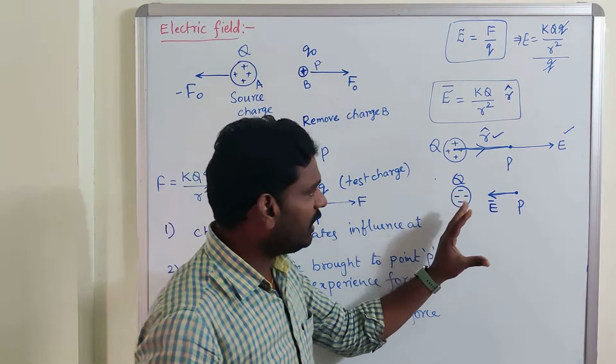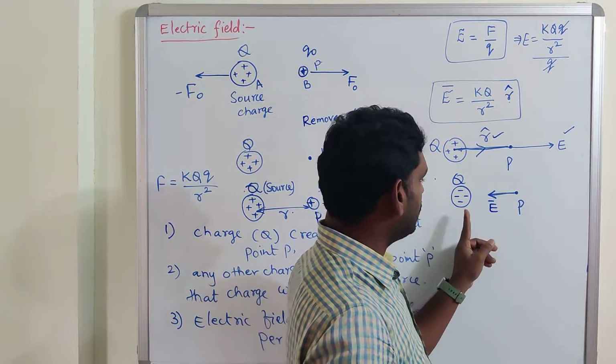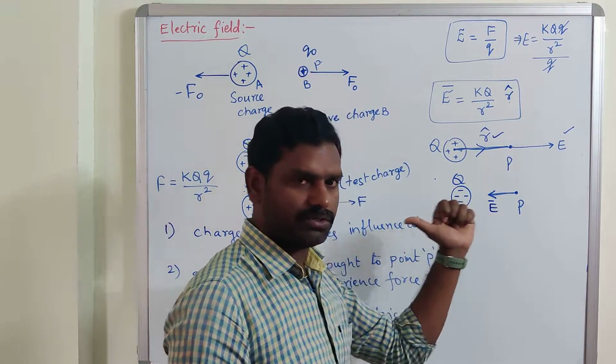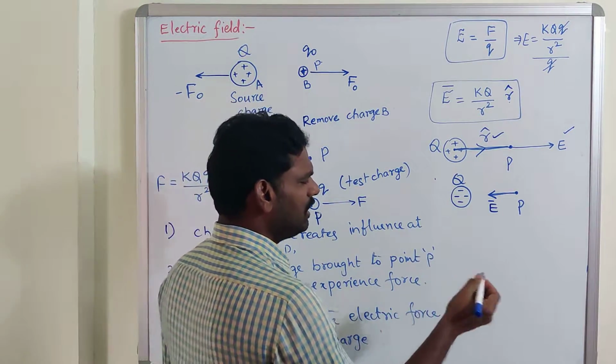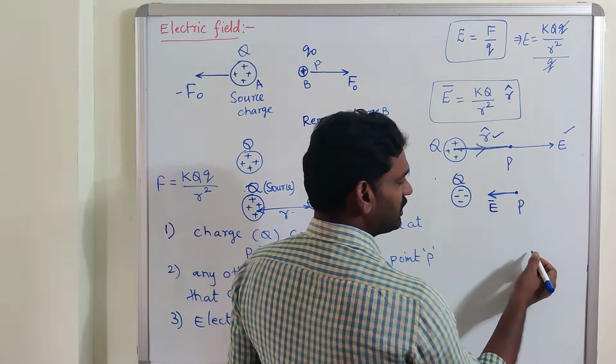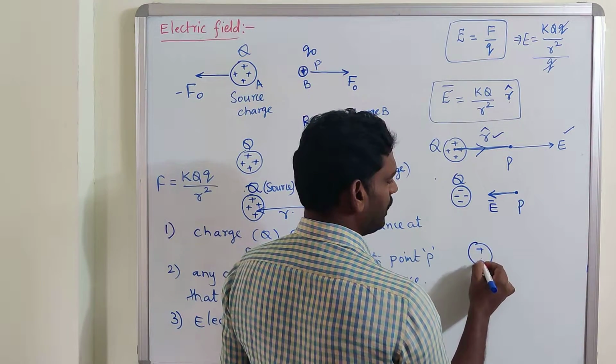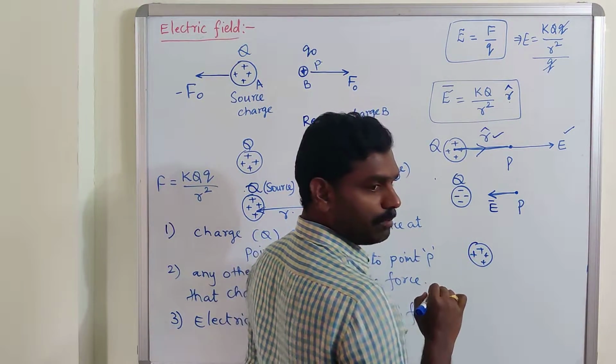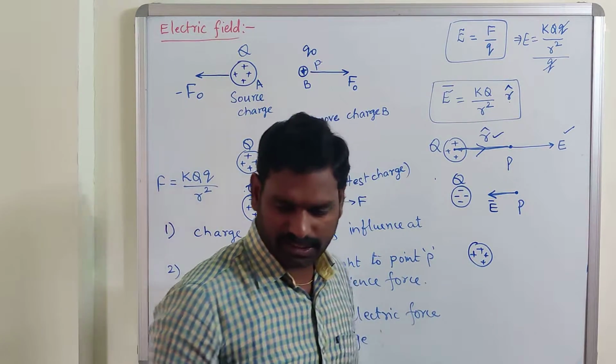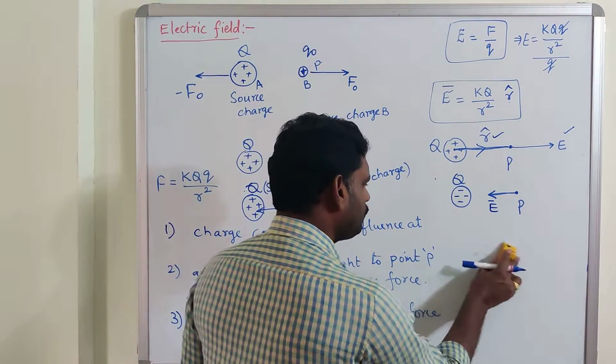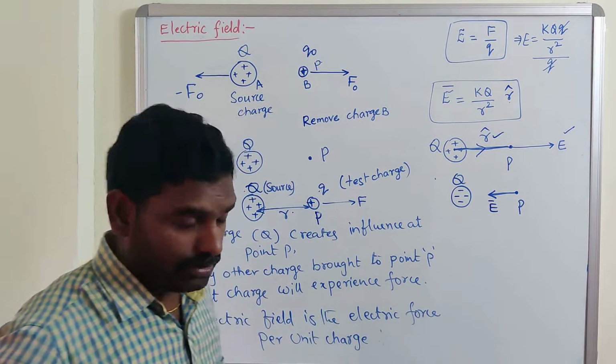Okay, why is it like this? For positive charge it is away, and for negative charge, how is it? It is towards the source charge. Why? Suppose the test charge is always positive. Suppose you have a positive charge here, I will explain this in a later section of class. Remember it like this.